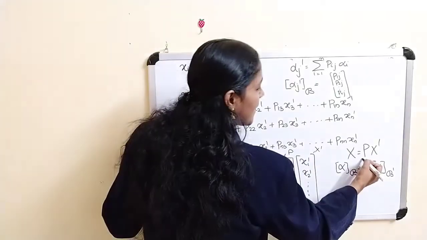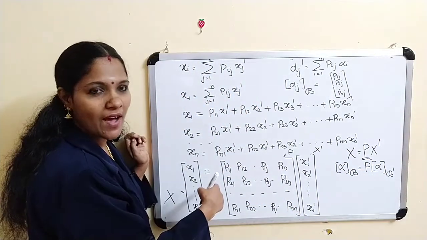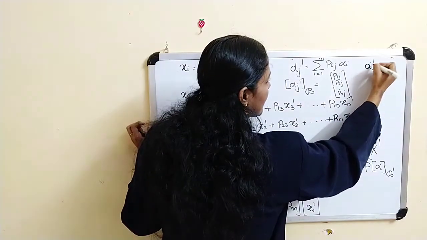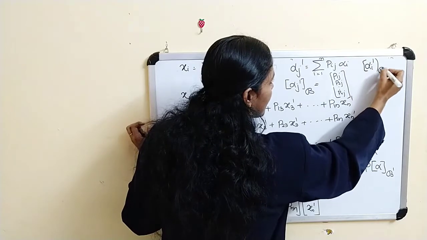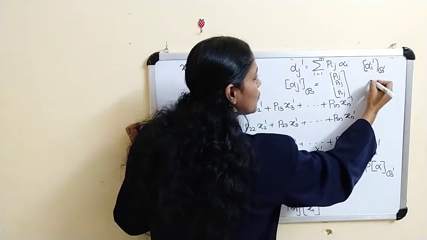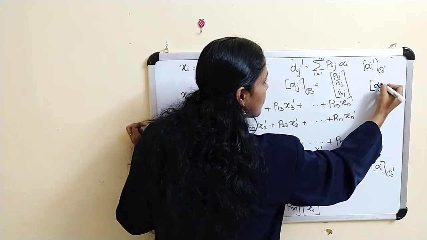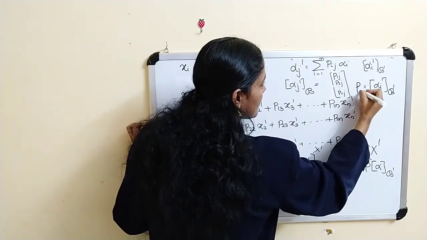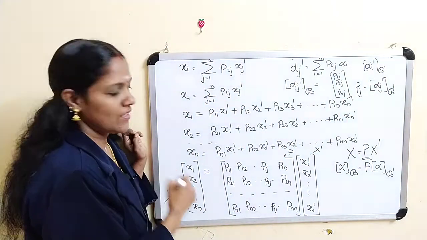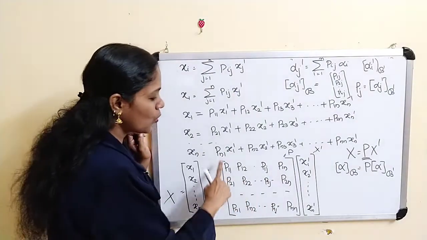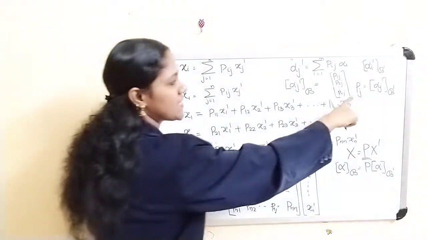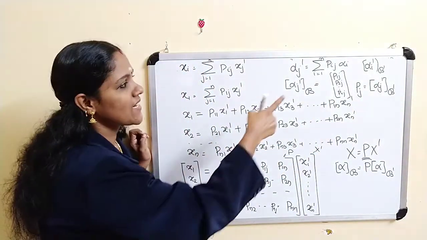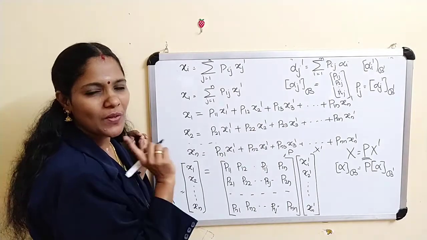Therefore, P is a matrix whose columns are, what about the first column? First column is matrix of alpha 1 dash related to the basis B. So P is a matrix whose columns are matrix of alpha j dash related to the basis B, and we denote these as columns Pj. Hope it is clear.